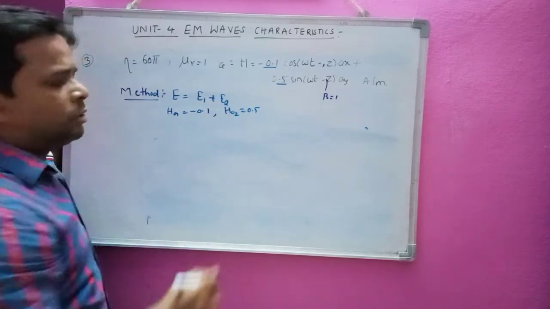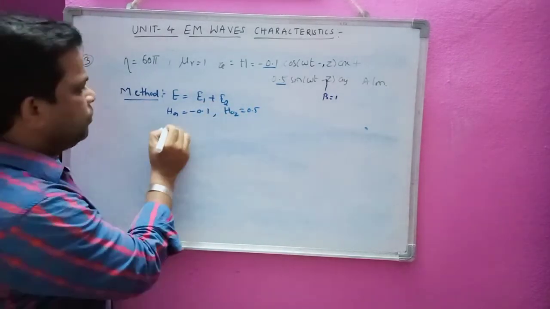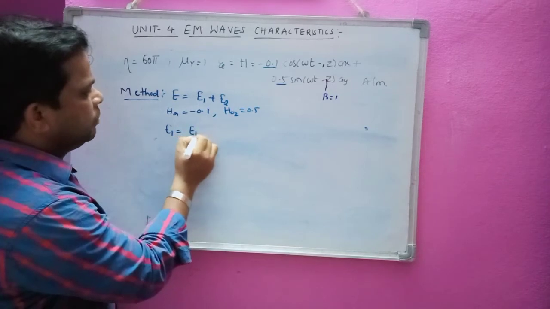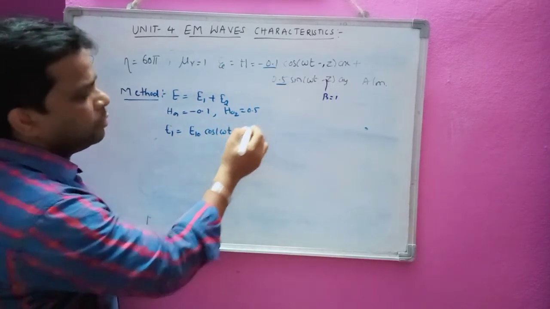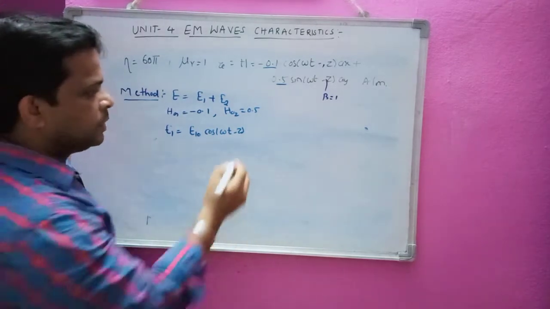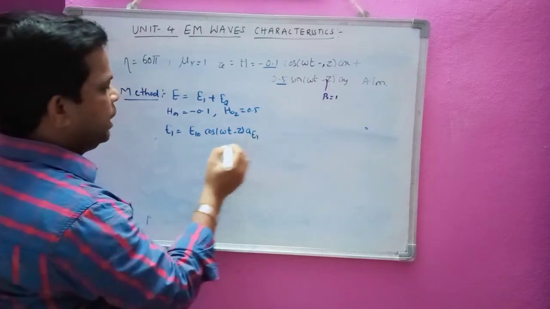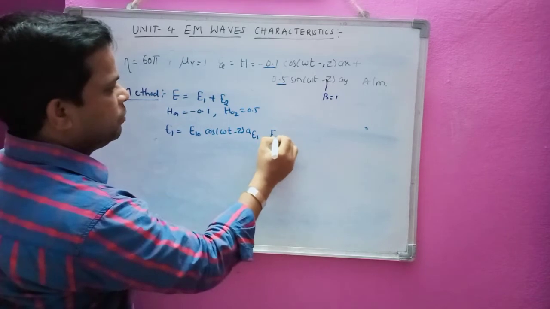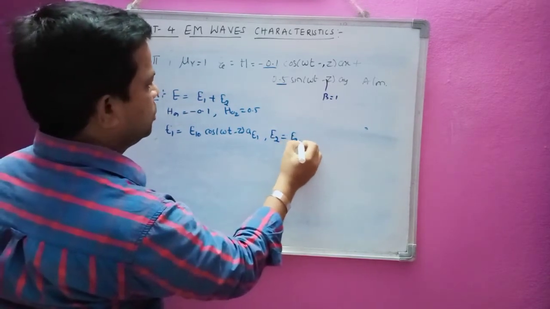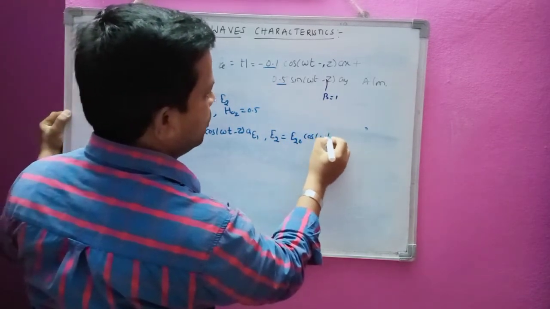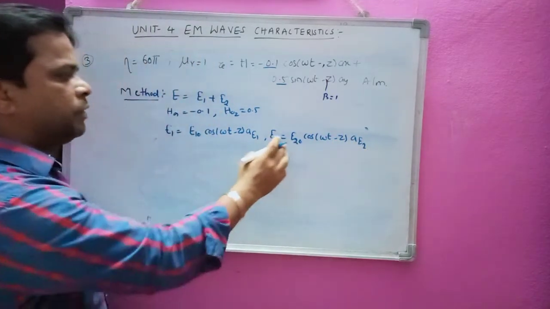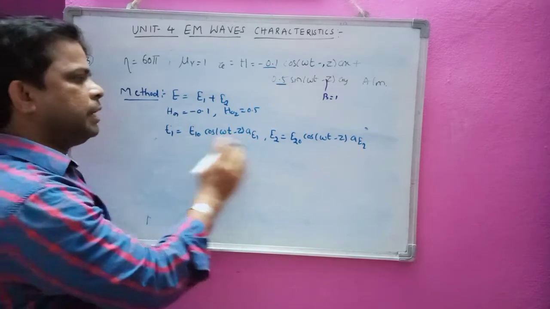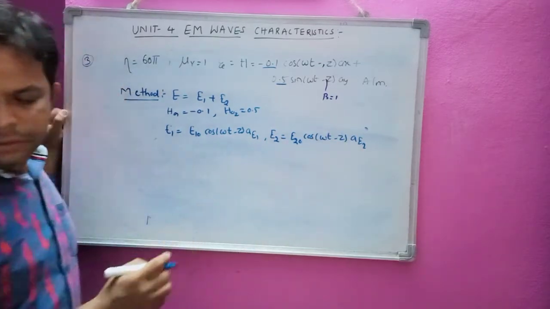Now E1 is equal to E10 cos(omega t minus Z) into aE1, and similarly E2 will be E20 cos(omega t minus Z) into aE2. So we have to find the values of E10 and E20, and aE1 and aE2.